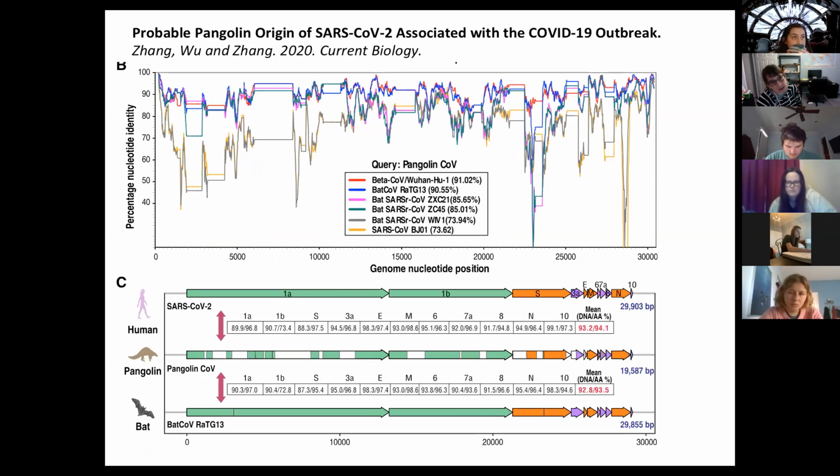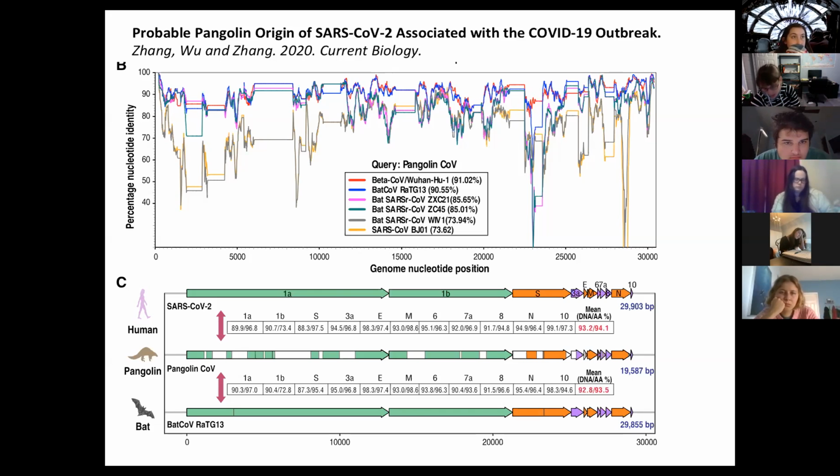Remember we said on Friday that what you're looking at is the percent similarity between any of the things listed in the box and the pangolin. So the higher they are on that figure, the more like the pangolin they are. At the first position, they're really close, and then you get variation as you move along.